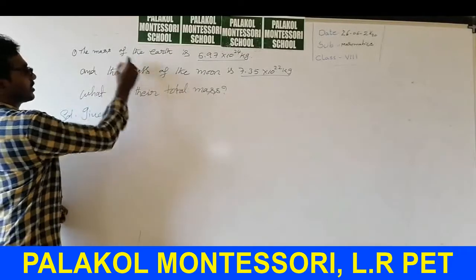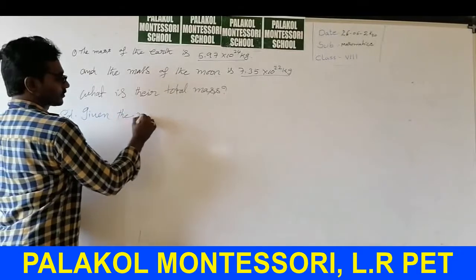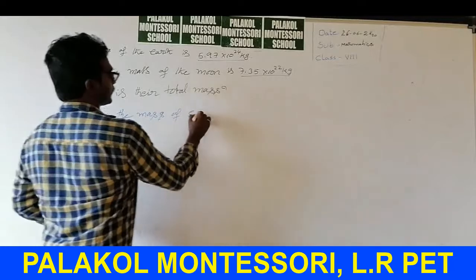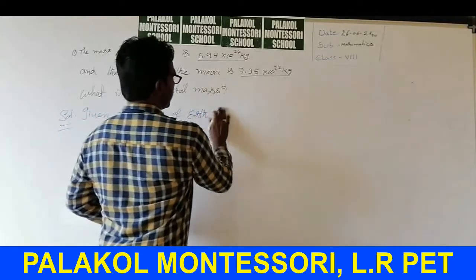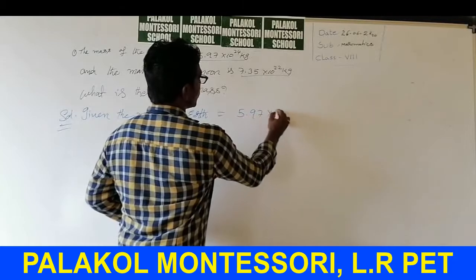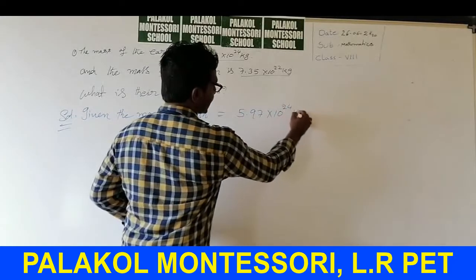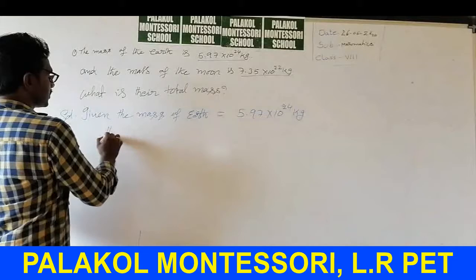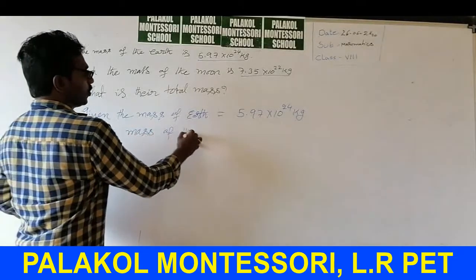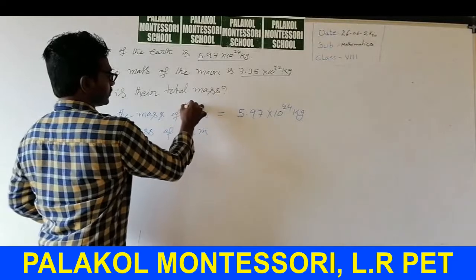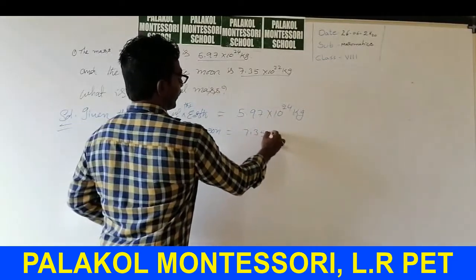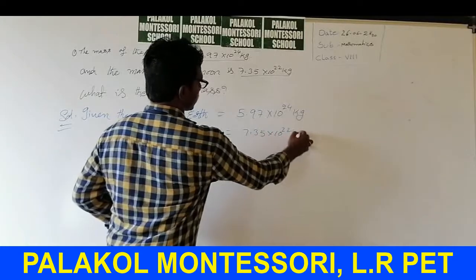Given, the mass of Earth is equal to 5.97 into 10 to the power of 24 kgs. The mass of the Moon is equal to 7.35 into 10 to the power 22 kgs.